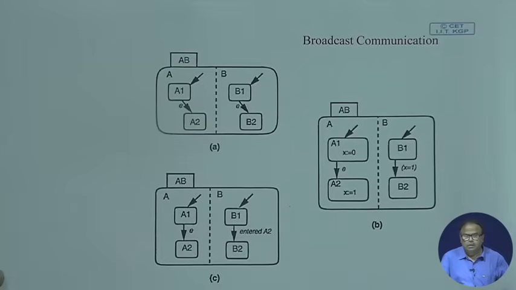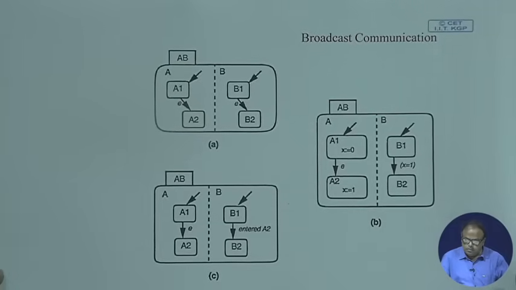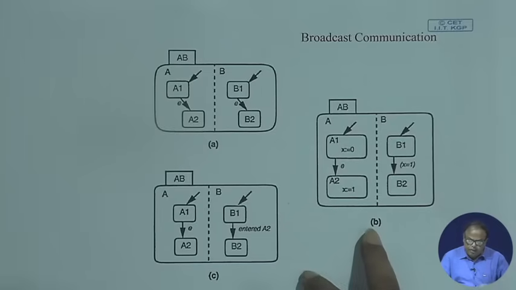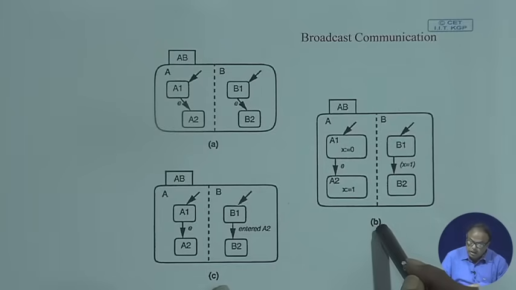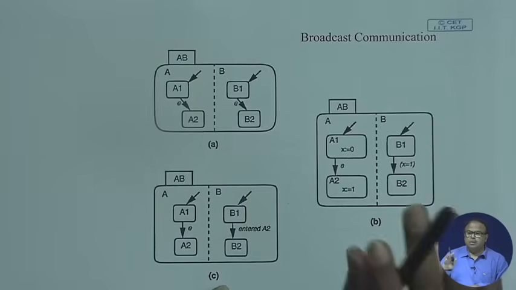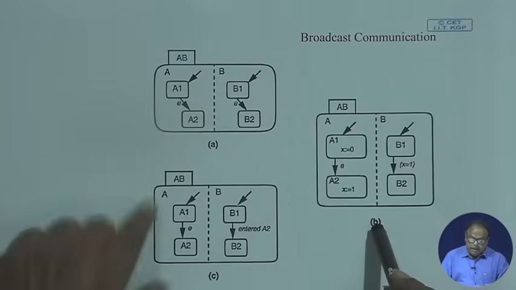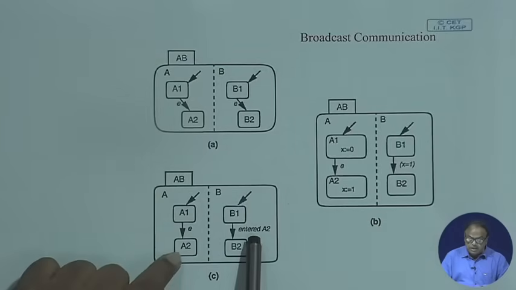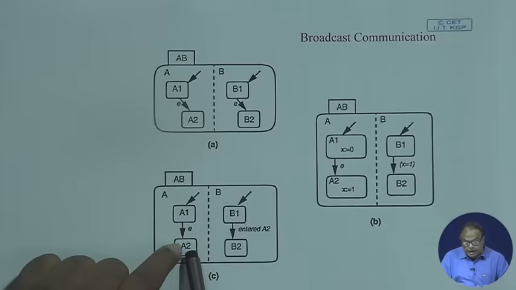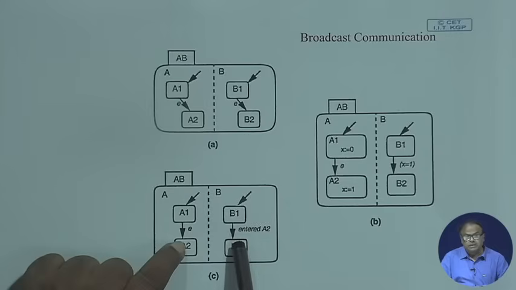Pardon? B and C, these two are equivalent? No, just a minute. What is being shown here is that the event of entering A2 will enable this transition.